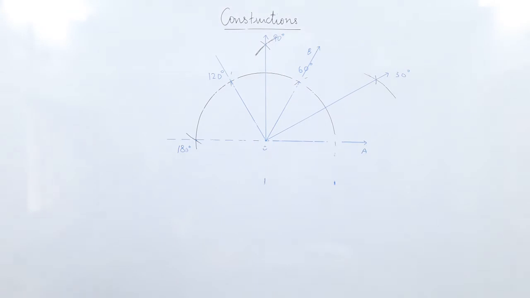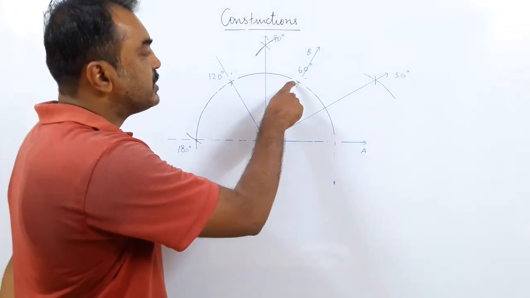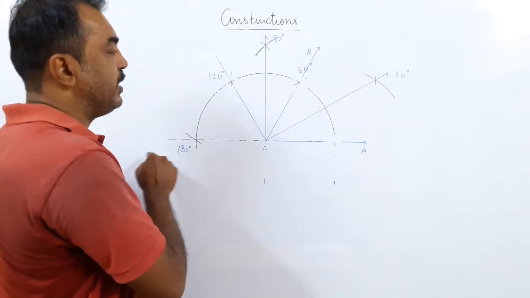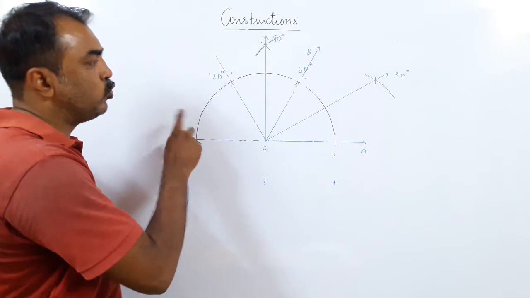Okay, so you understood how to do 90 degree now? You cannot do 90 degree directly. You can do 60 degree directly, you can do 120 degree directly, and the straight line will give you 180. So 180 you don't draw, it is only to verify.